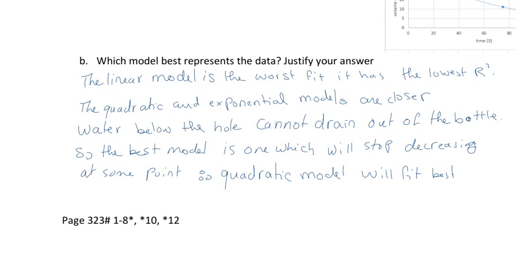Now, let's assume that the R squared for the quadratic was worse than the exponential. Would I still pick quadratic? Let's say the R squared for quadratic was 96. Would I still pick quadratic? No, because the exponential has a better fit, so I'm going to have to pick the exponential.